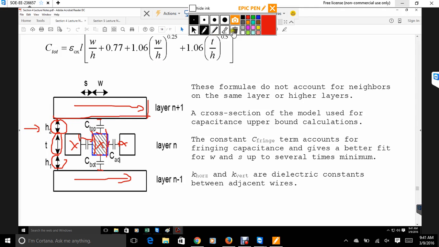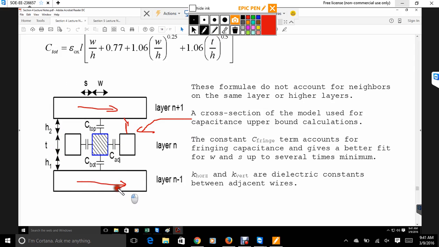Tying it back into these equations, we have to worry about how far these are away from each other. Then we're going to see what the actual value of the wire is, because then you're creating potential.